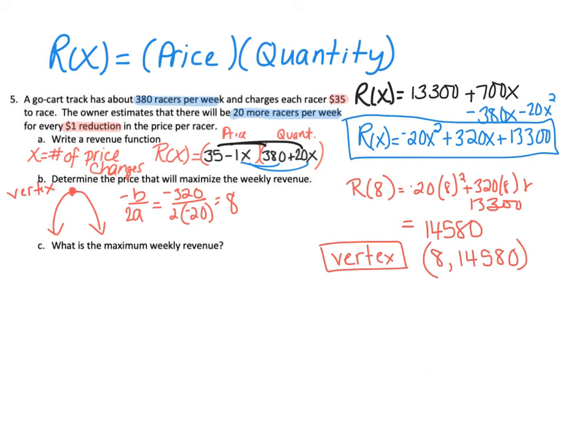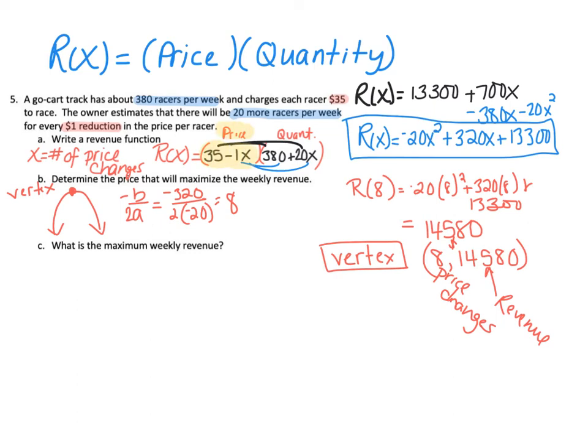Okay, so let's just take a second and say what these two things mean. x was my price changes. So this means if I change the price 8 times, 8 price changes will give me a revenue, because r of x is the y, the revenue. But what does part B ask me? It says determine the price that will maximize the weekly revenue. Easiest way to get this, there's more than one way, is look right here at the beginning equation.